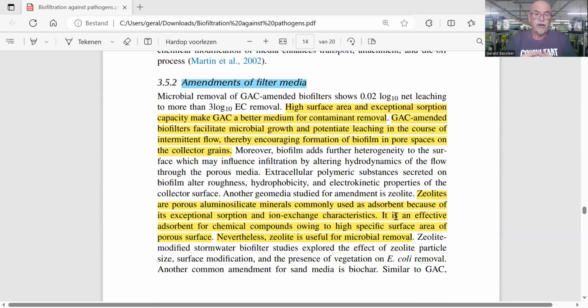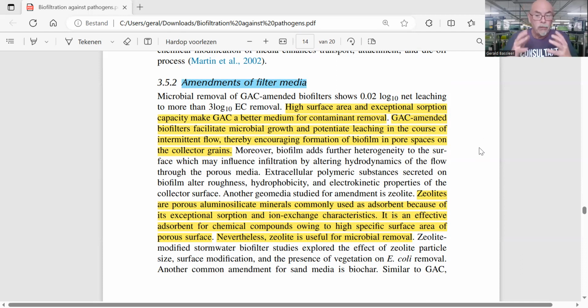And the high surface area and exceptional sorption capacity make activated carbon granulates a better medium for contaminant removal. Well, we know that, particularly for chemical removal, but it also creates a chance to facilitate microbial growth and potentially leaching in the course of intermittent flow. Well, it can have a good biofilm.